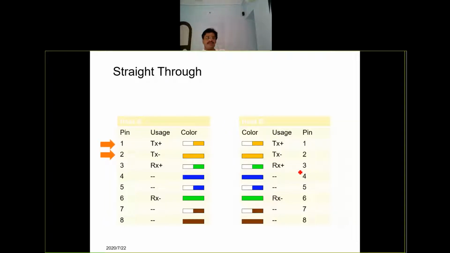Pin number 1 and 2, pin number 3 and 6, specifically the white green and green, are utilized for providing the reception.